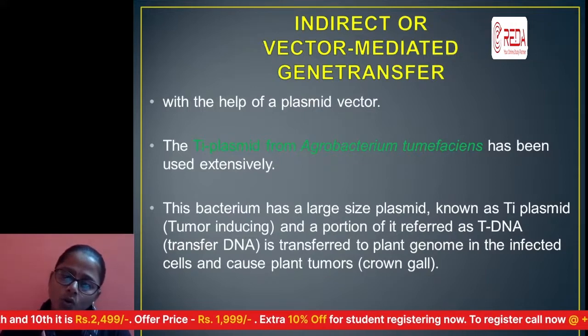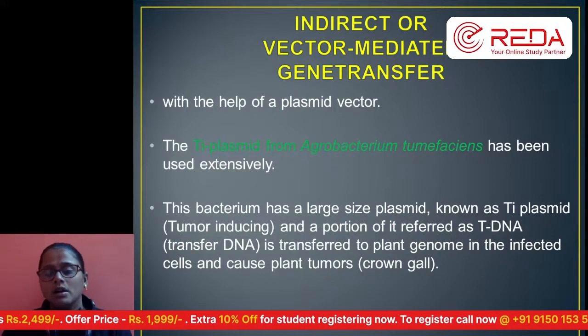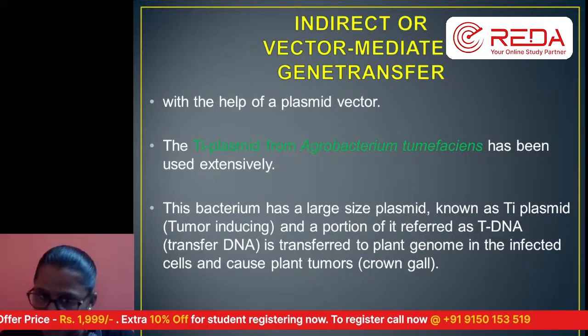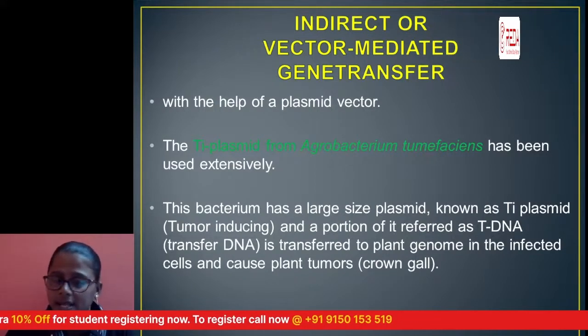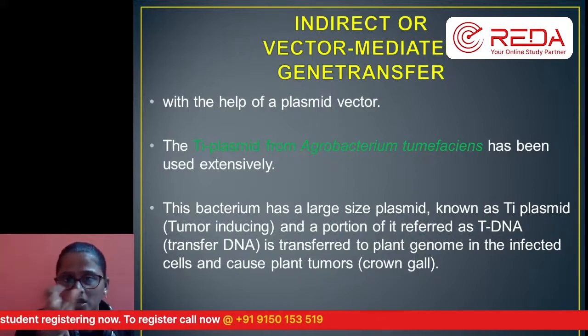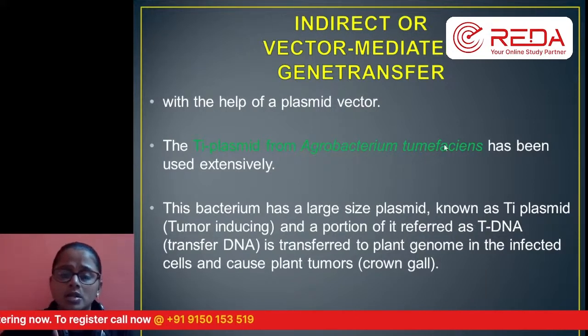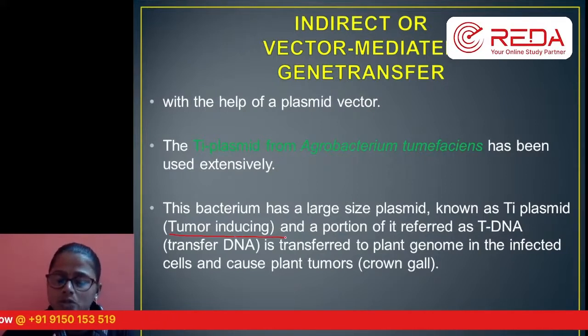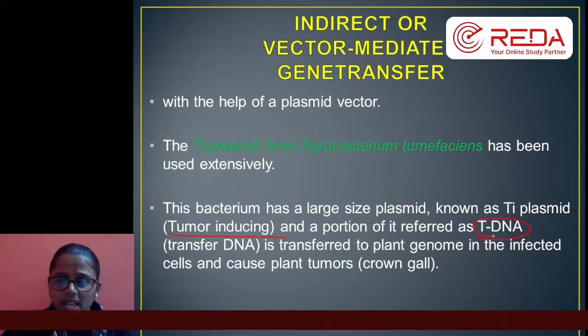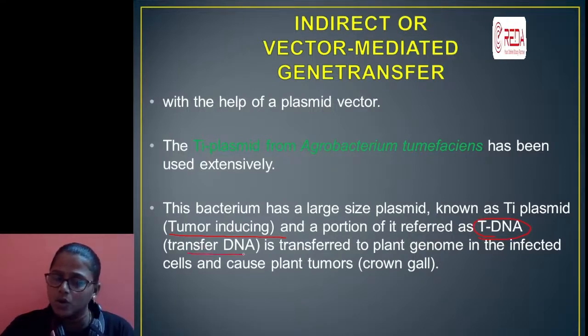In this bacterium, a special type of plasmid is there, the Ti plasmid. Ti means tumor inducing plasmid. This plasmid is of interest to scientists for transfer, because in the plasmid there is a concept called T-DNA, transfer DNA.